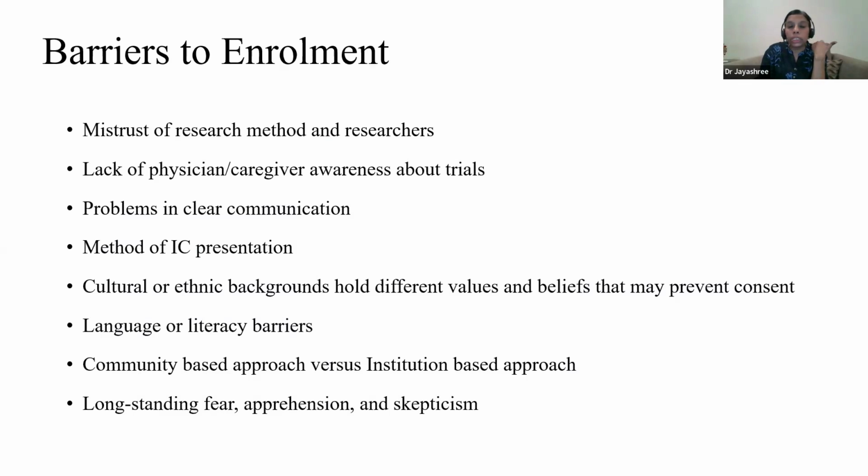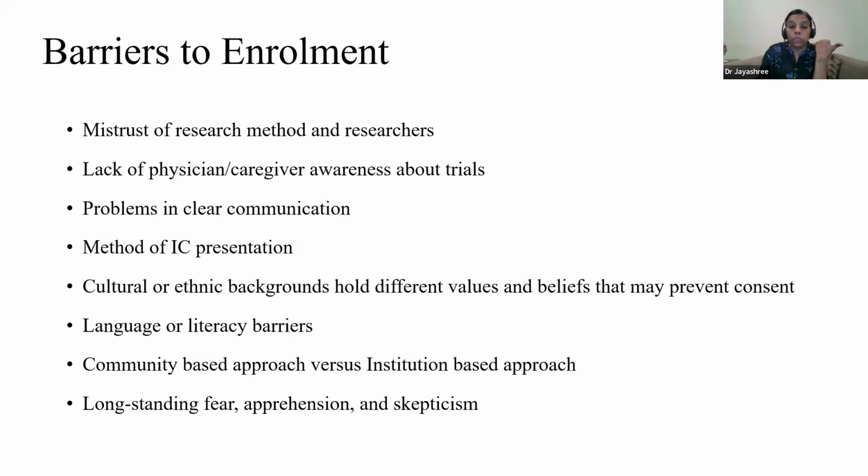The lack of physician and caregiver awareness about trials, problems in clear communication, the method in which the informed consent has been presented to the parents or the patients, diversity in cultural and ethnic backgrounds. They have different values and beliefs that may prevent them from giving consent for being a part of a trial. Language and literacy barriers, again, an important problem in low middle income countries.